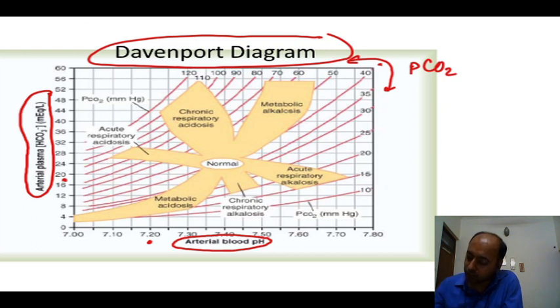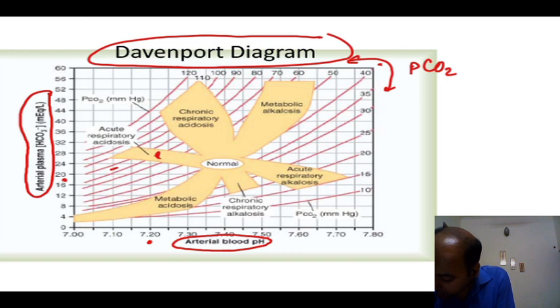So your value will come somewhere here. 7.2, 18. No, the 40 value is here. So that is a complex picture, unlikely. We'll have to take other values.